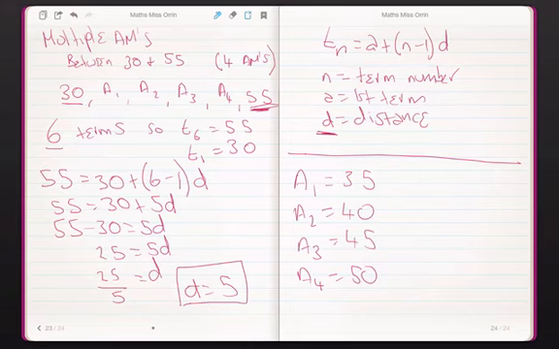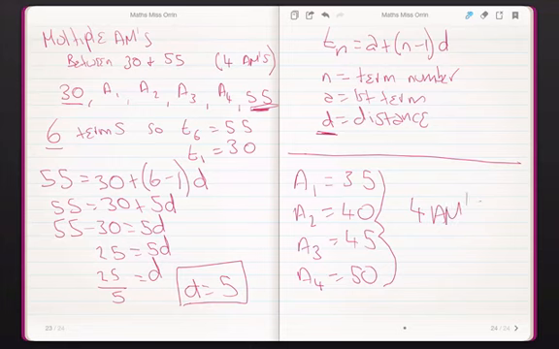So that means we got the right answer. There's a difference of 5 between each, and that's all you need to do. So we have found all 4 arithmetic means, which is what the question asked us to do, okay? Hopefully that makes sense. If you still don't get it, please go back and watch this again, and that'll do.